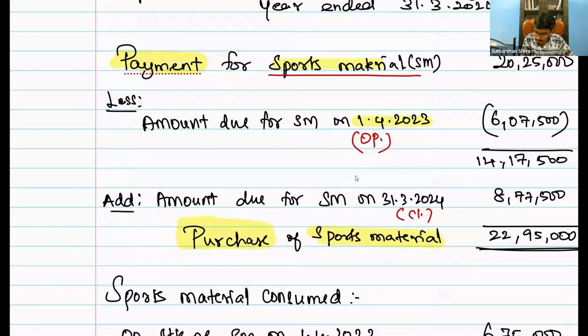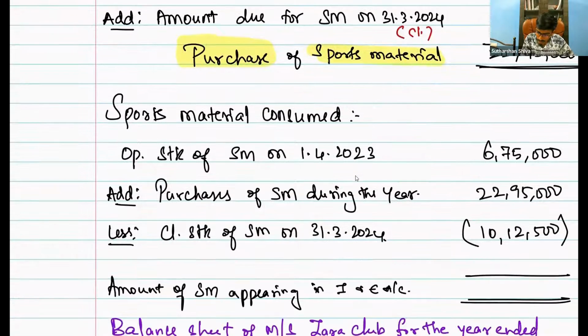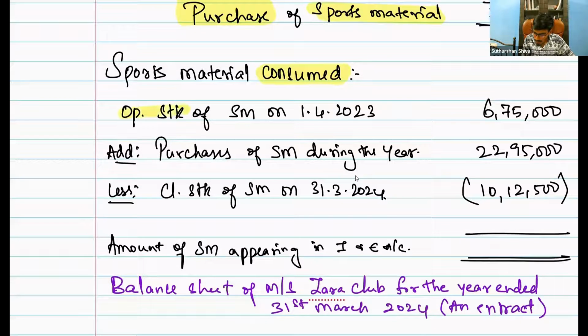If you do a posting, you can get it. Next, in the income and expenditure account, I need to post only the sports material consumed. That sports material consumed will be opening stock of sports material plus purchases less closing stock of sports material.